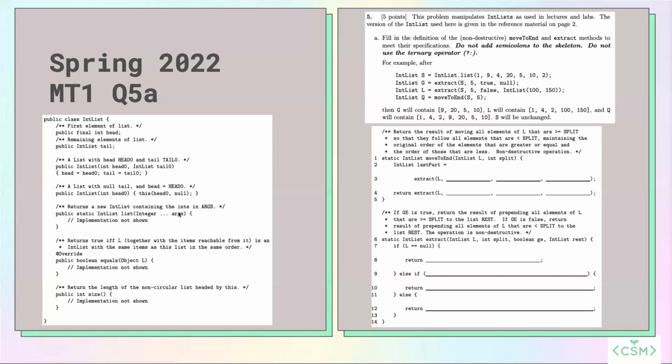For the else if condition, should we just check L.head more than or equal to split equals GE? That is an interesting way to go about it. I'm just trying to think.